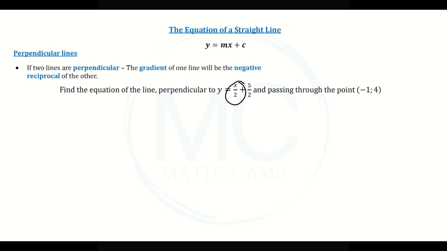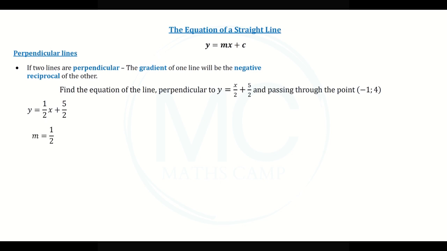So let's start by rewriting this equation in the form y is equal to mx plus c. So you can say y is equal to m, 1 over 2, x plus c, which is 5 over 2. This line has a gradient of 1 over 2. We can make a note of the m value over here.